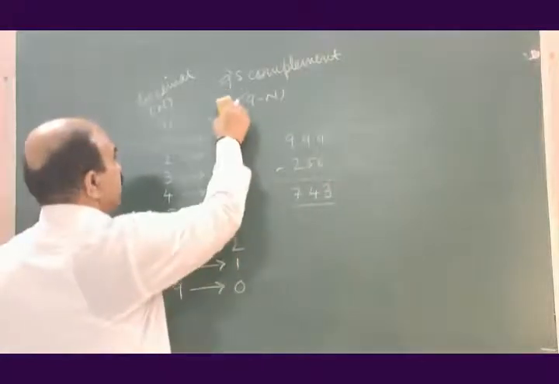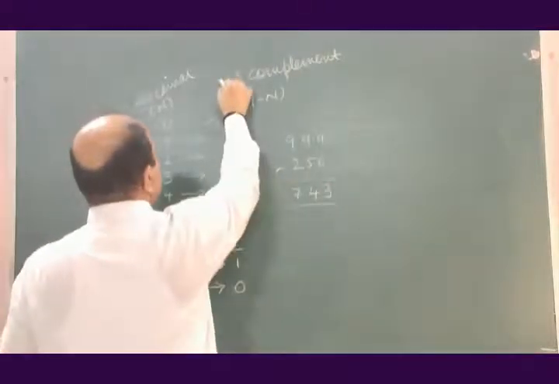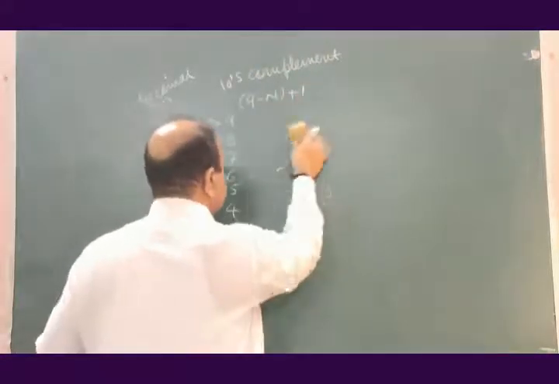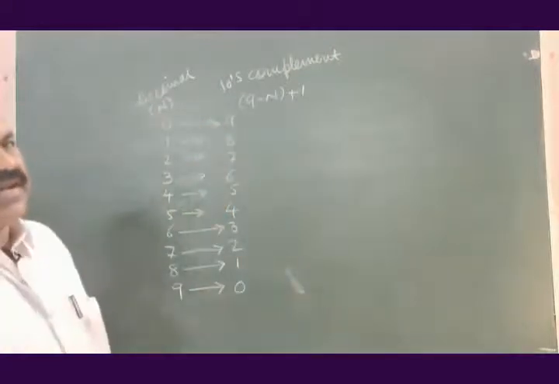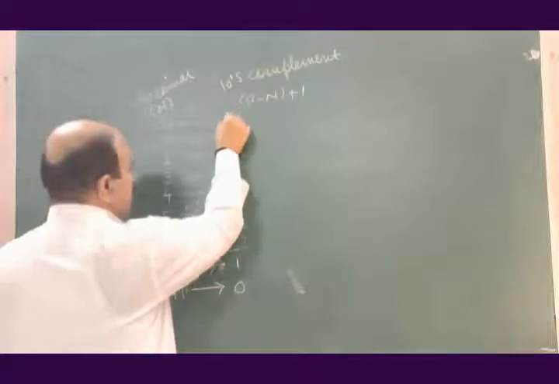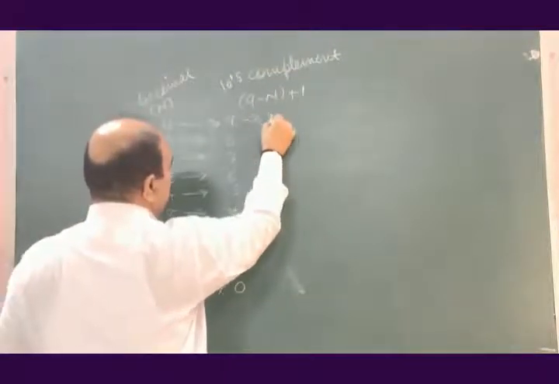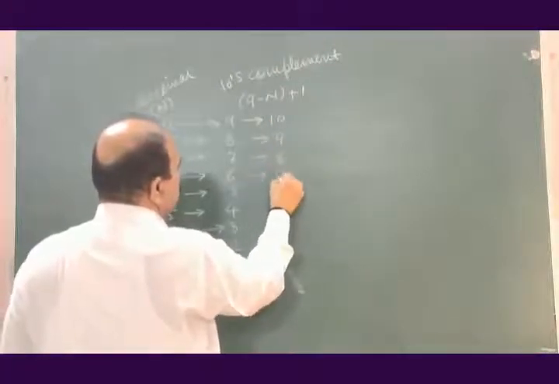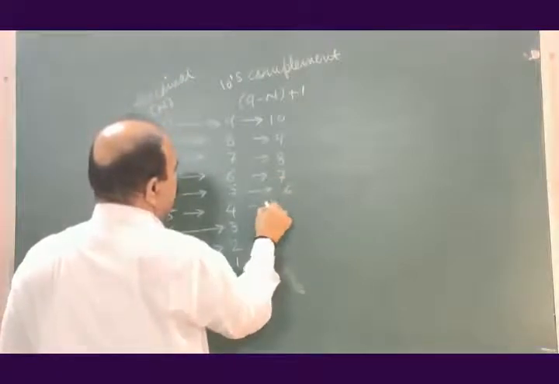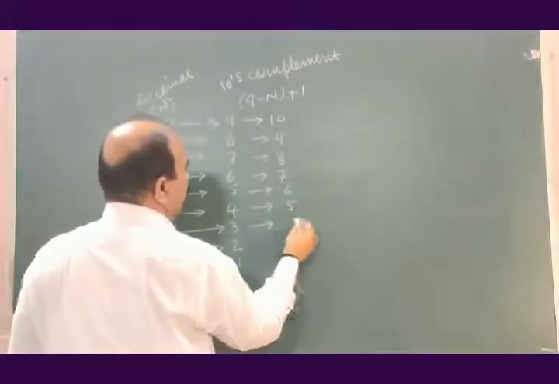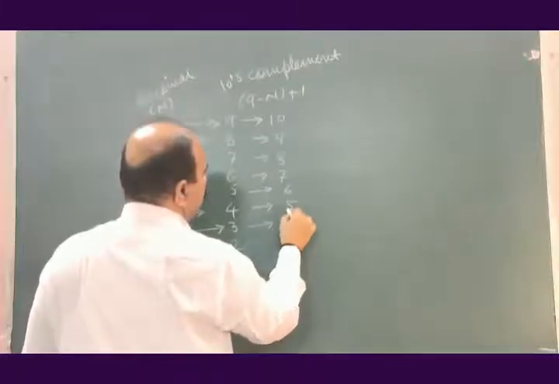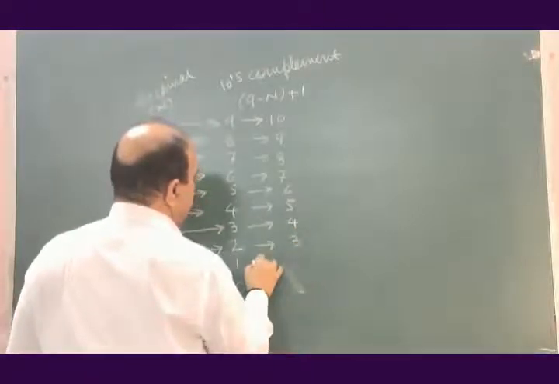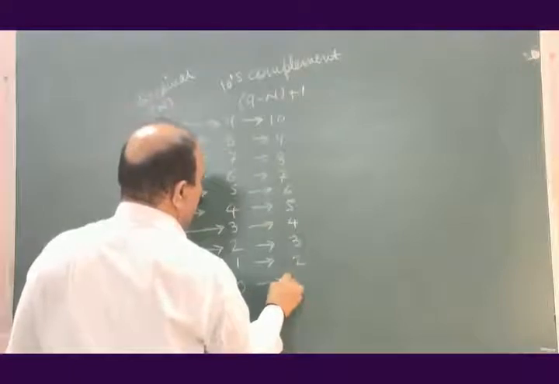One more is there, that is tens complement. The formula for this is 9 minus n plus 1. This is nines complement. Tens complement will be here 10, 9, 8, 7, 6, 5, 4, 3, 2, 1.